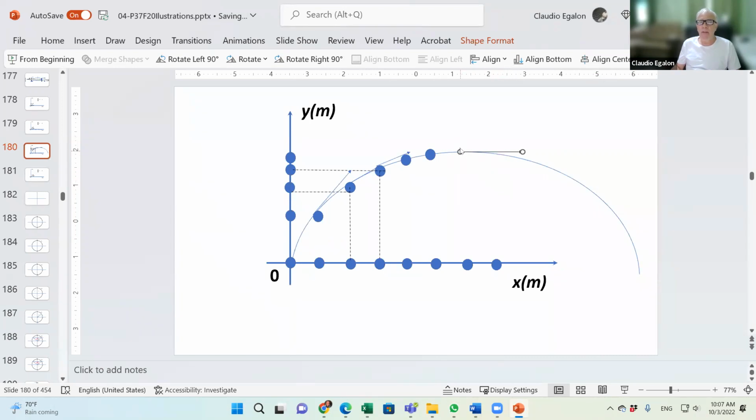The y component of the velocity is going to be 0. So the key to solving this problem is to find the instant of time in which Vy, the y component of the velocity, is 0. That's the picture that you have to have in mind.